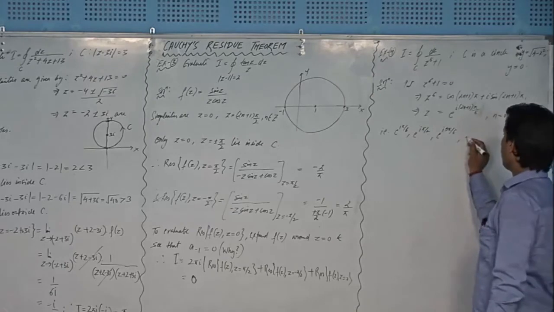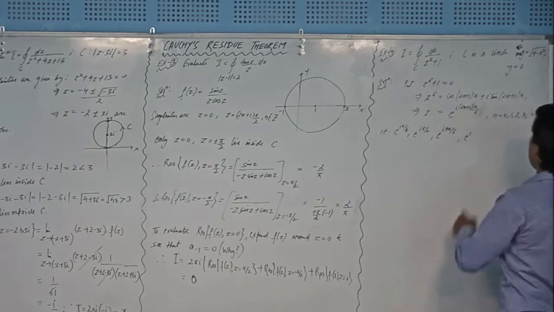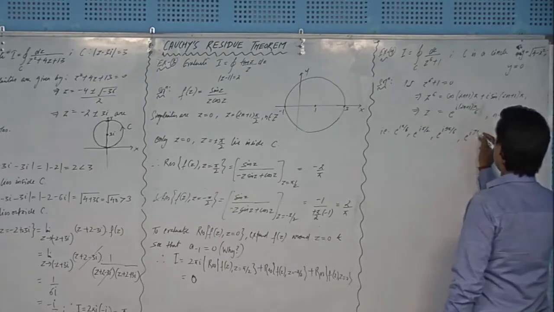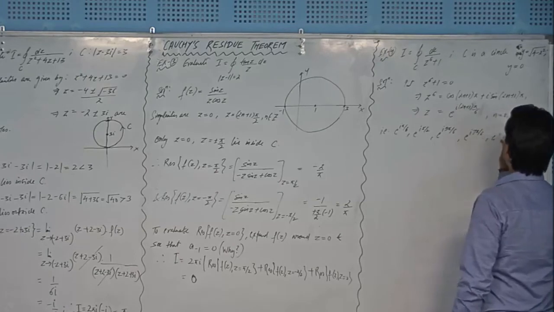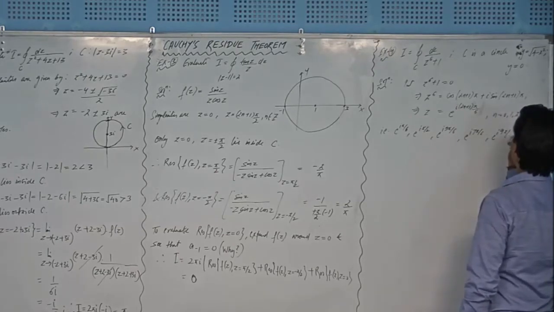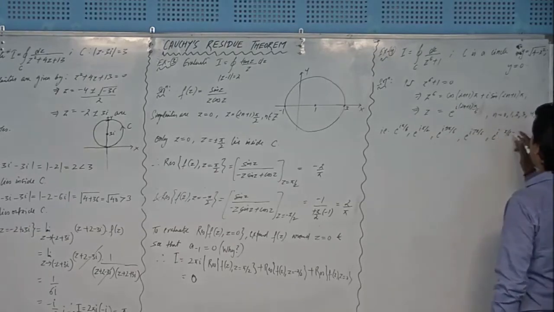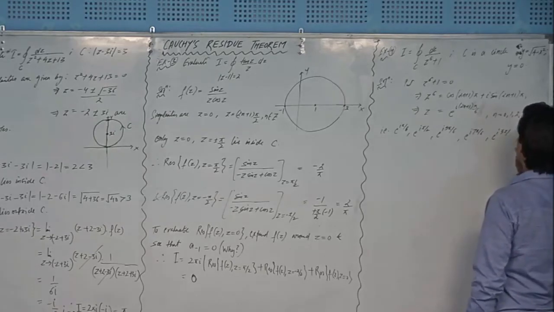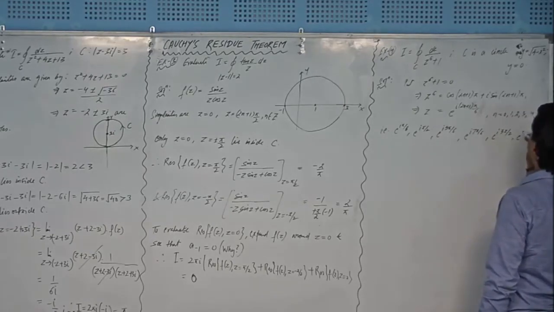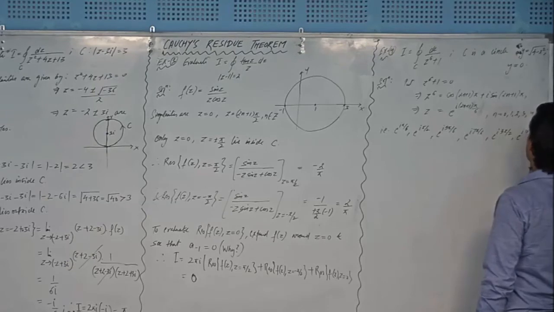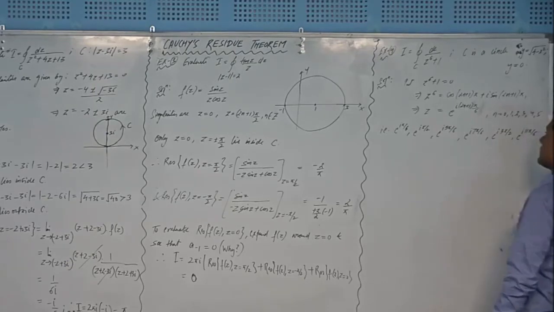And then e to the power iota 7 pi by 6, and then e to the power iota 9 pi by 6, and that will be 3 pi by 2, and the last one will be e to the power iota 11 pi by 6.